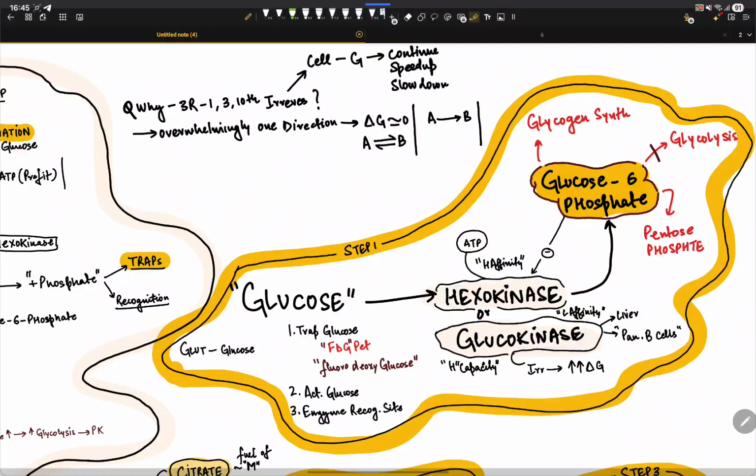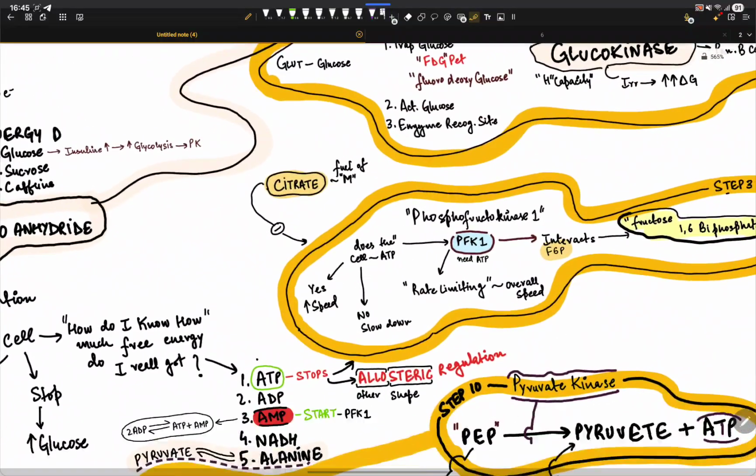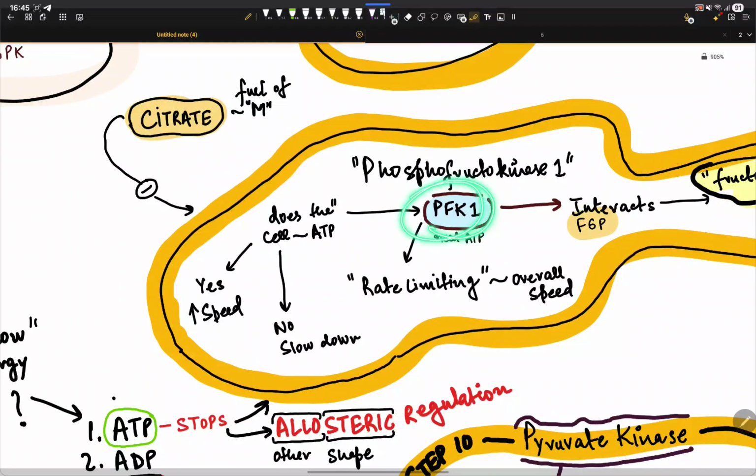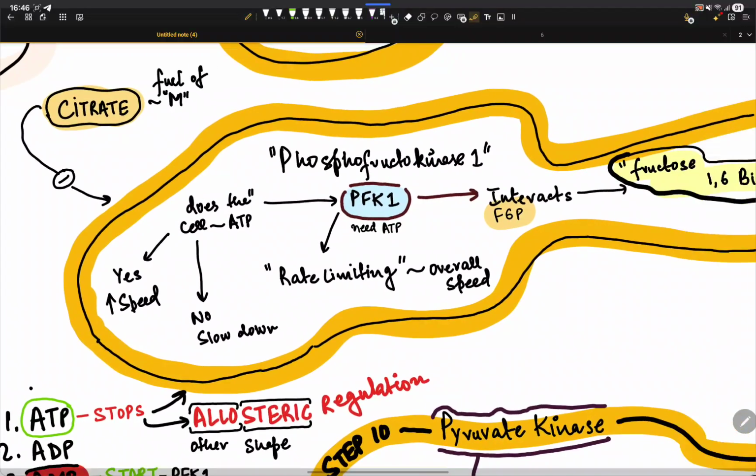the question arises. This is the point where glucose has to make a choice: should it shunt into glycogen synthesis, should it go into glycolysis, or should it go into the pentose phosphate pathway? We have these different choices. It can go into glycolysis once it has enough of the enzyme PFK1, phosphofructokinase 1, which puts ATP on the glucose.